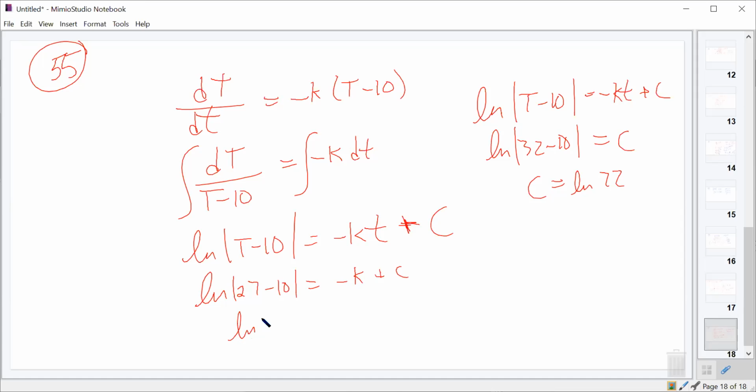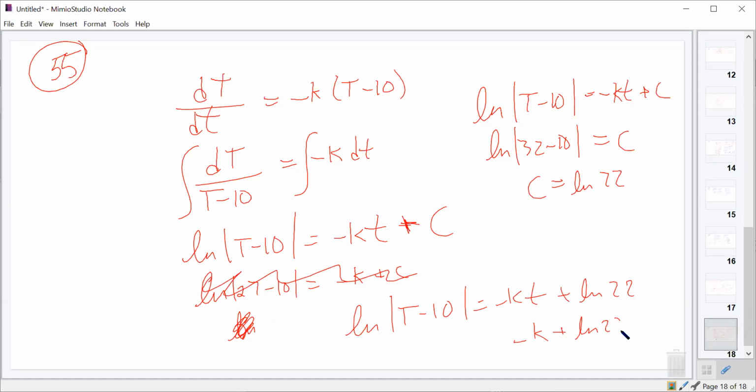We end up with natural log. Actually, let's go back up here. So we end up with natural log of absolute value of T minus 10 equals negative k t plus ln 22. And then from there, we know that at t equals 1, our temperature was 27.